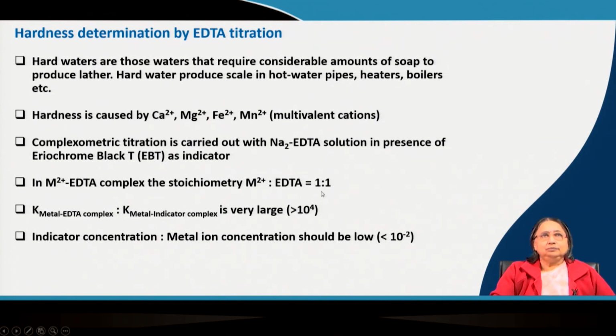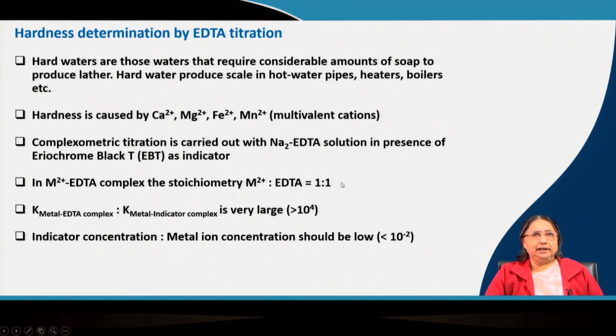Okay. Now, this we need for calculation. Anyway, so my question is why it is breaking that metal ion indicator complex. It is breaking that complex because the metal EDTA complex is much more stable. So, whichever is more stable, that will be formed.